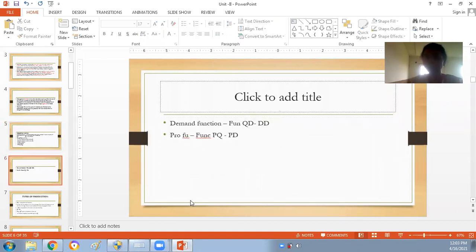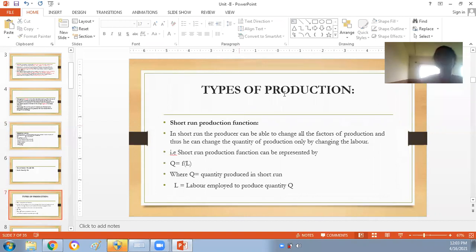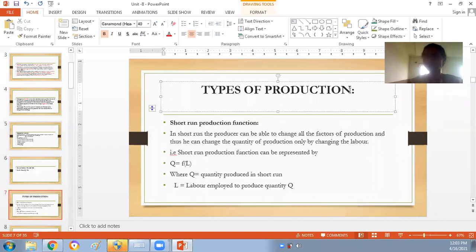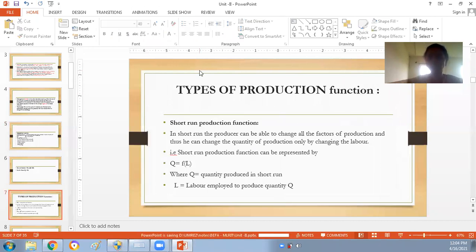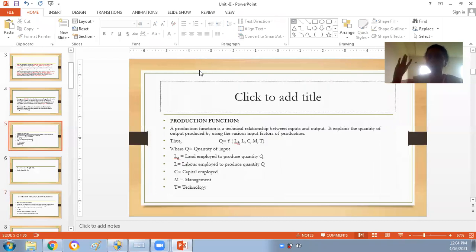Now the next one that we have is types of production function. As we said, the factors of production we have written here are land, labor, capital, management, and technology. In all situations, is it possible for us to change all the resources?